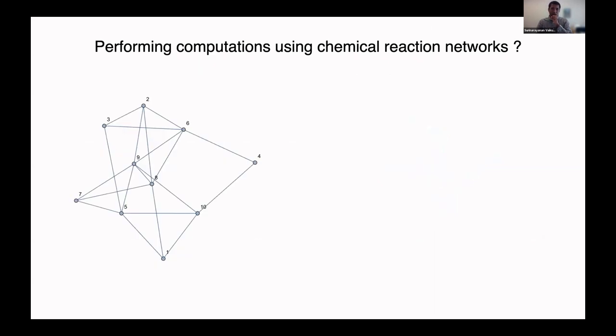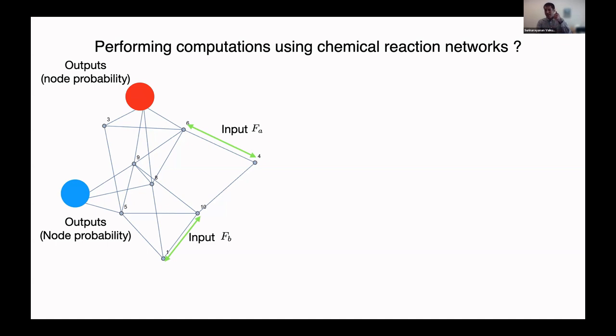So the question we ask in the context of systems like this is the following. Let's say I pick two inputs: the affinity F along one link, which I'm going to call FA, and the affinity along another link, which I'm going to call FB. I pick those two as my inputs, and as outputs, I pick the node probability on two specific nodes. I've colored them blue and red.